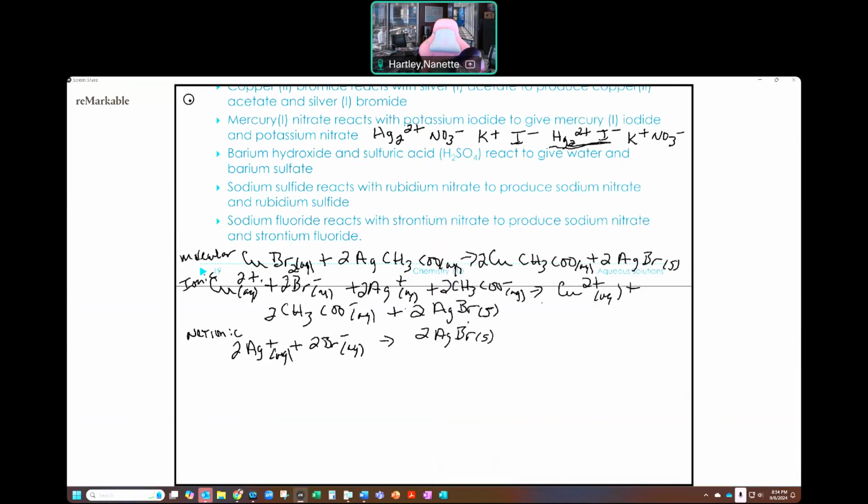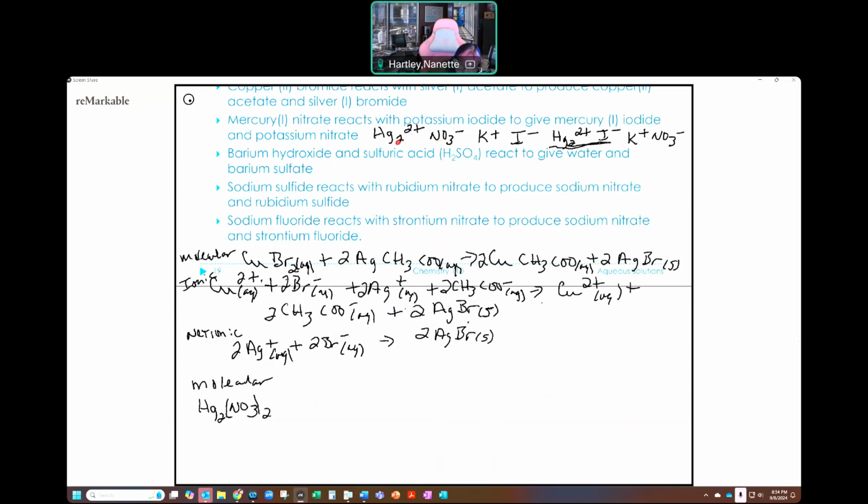So let's write this out the way that it exists. So in my molecular equation, I have Hg2(NO3)2, because I've got to have 2 of the NO3 minus to go with the Hg2 2+.